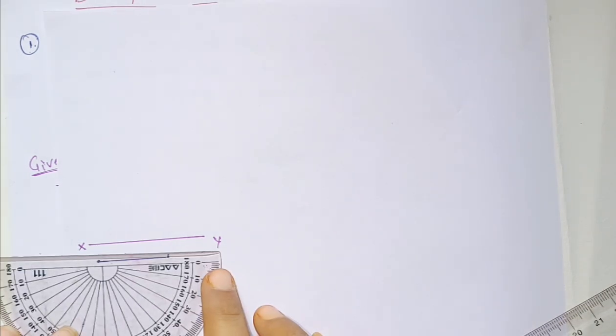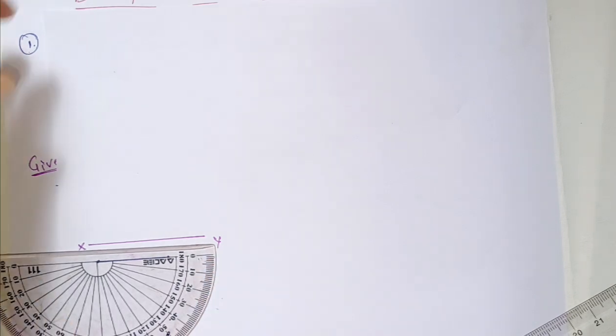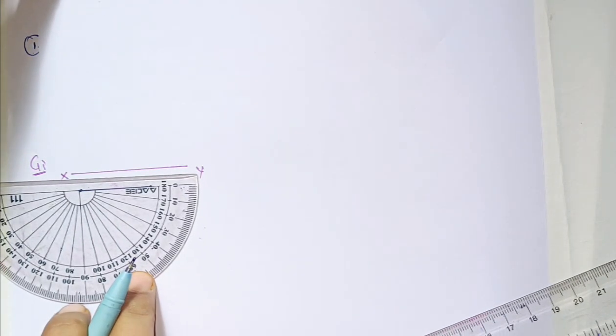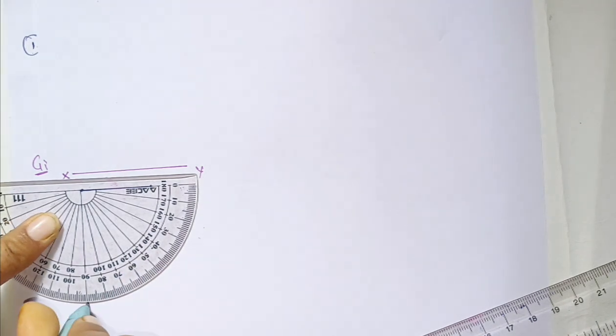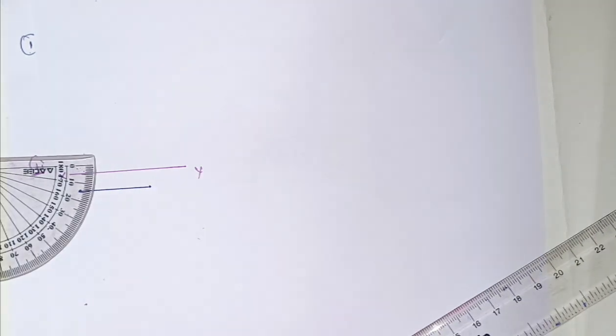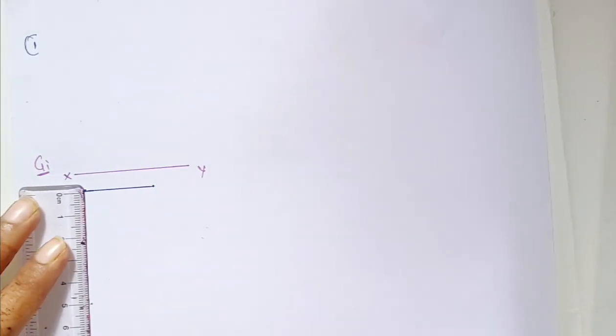Next you have to take a protractor, place it on the first point, and mark the 90 degrees point. Then draw a light line, or else measure the direct 30 mm.